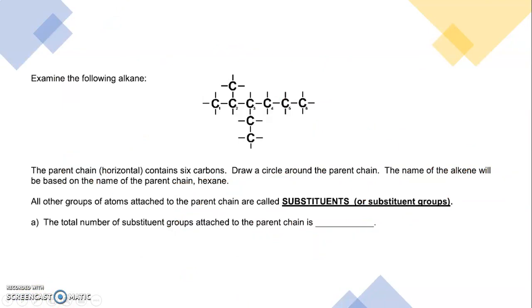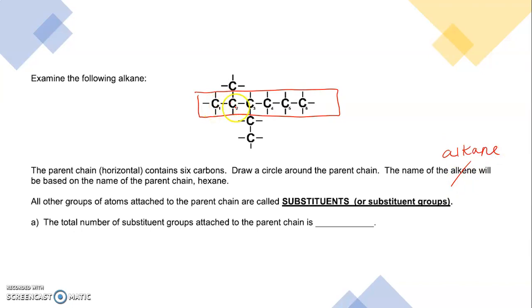So if we were to look at this alkane, the parent chain happens to be horizontal right here. This is the parent chain. If I drew the circle around the parent chain and named the alkane, it will be based on the name of the parent chain. So this was in the last video as well. It's called hexane because hex means 6.